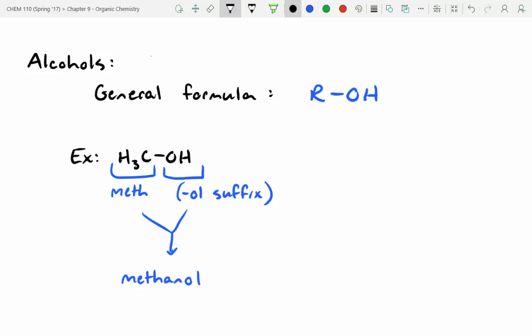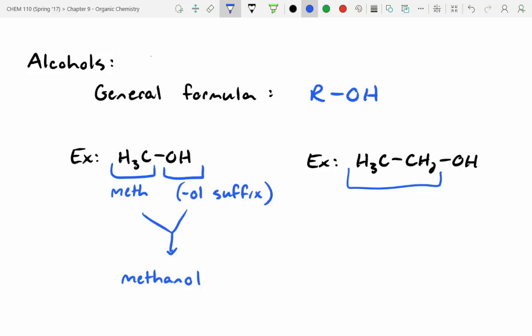Okay, let's do another one. Let's say we have CH3 CH2OH. What do you think this is going to be? What's our longest carbon backbone now? I would say it's actually 2, right?